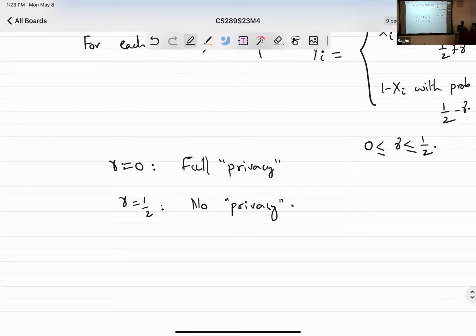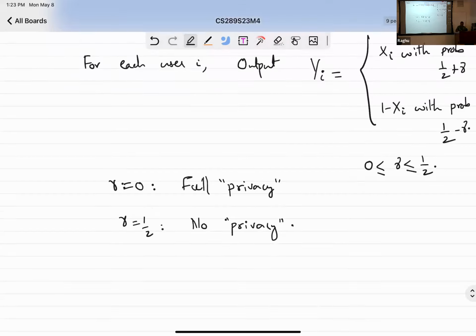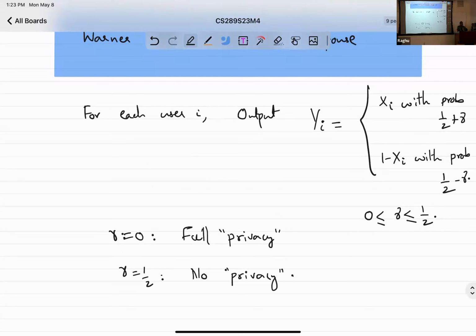All right. I'm not convinced about the gamma equals 0 case. Okay, why? I mean, suppose gamma equals 0, you're outputting x between 0 and 1. No, but if gamma is 0, what's happening?